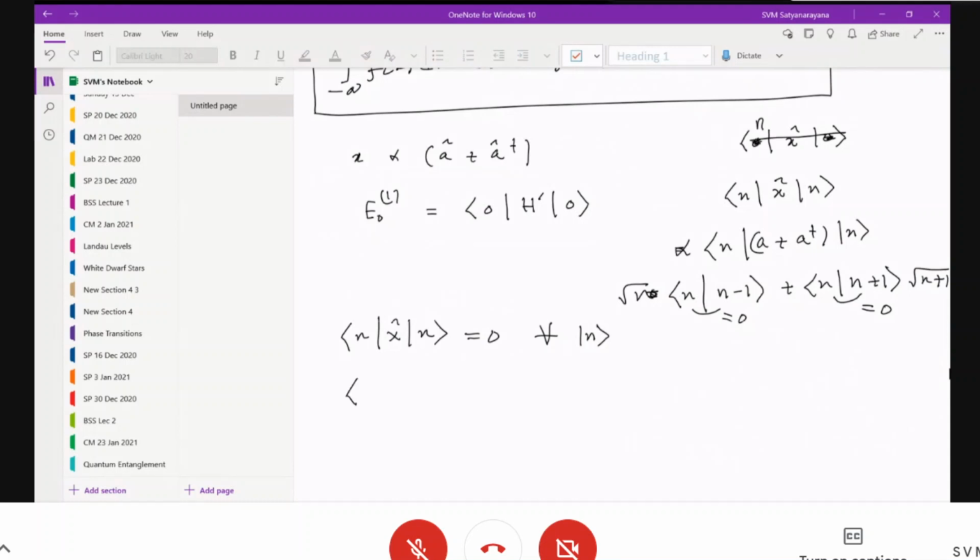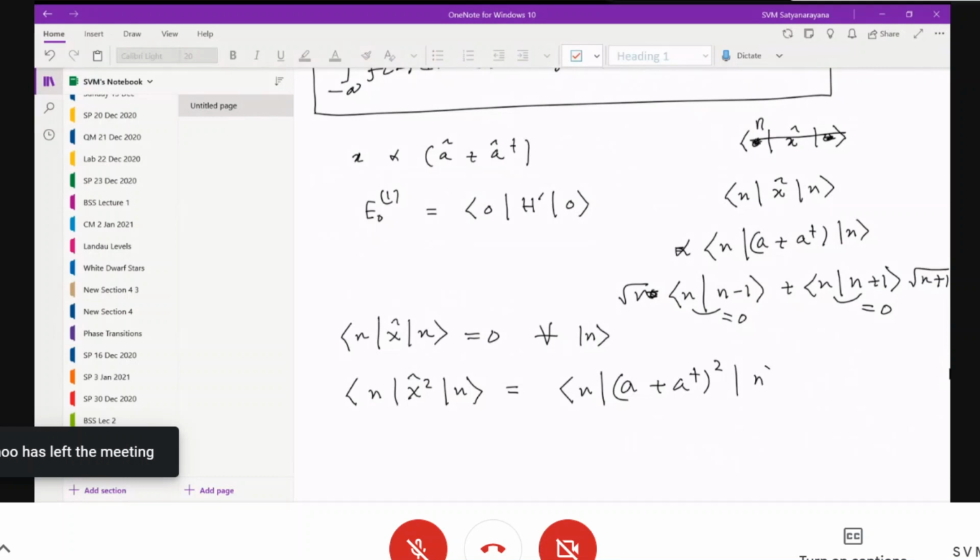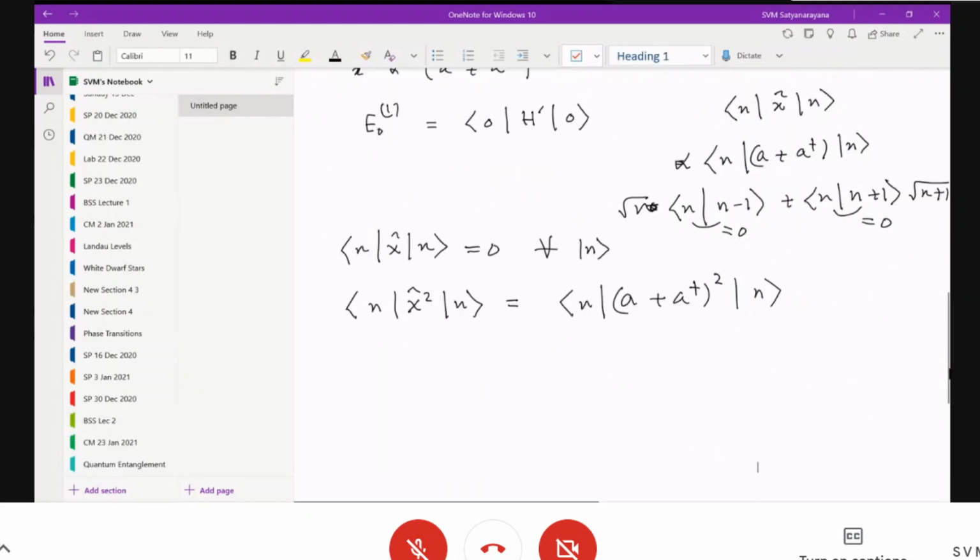Now you can ask what is the expectation of x square in state n. That will be equal to n (a + a dagger) squared n. I'm not writing all those constants, so please don't take this as a rigorous calculation. I'm sure you might have done this calculation earlier.